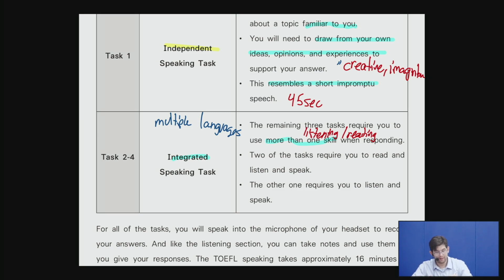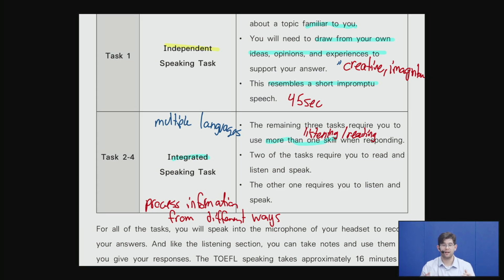What's really important here is being able to process information from different ways. And what we mean by this is that you're able to understand and absorb information. Because when we talk about the TOEFL speaking or any speaking test, what we're really talking about is our ability to communicate and process information after we've understood it.